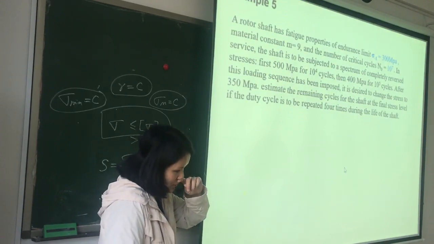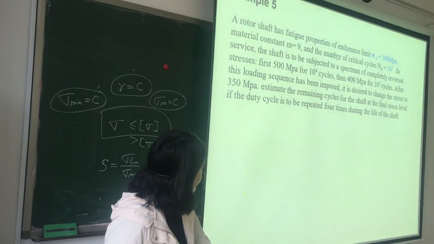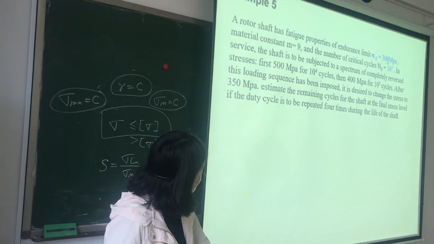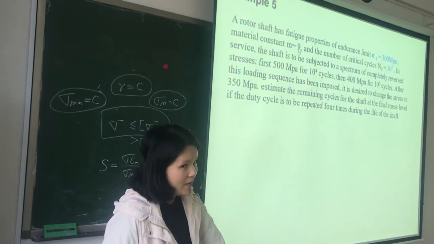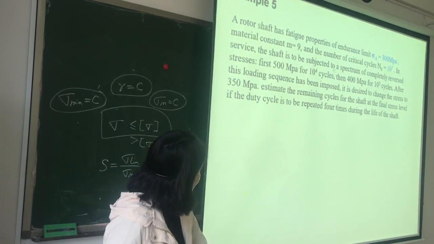Have an example. A shaft has material properties of endurance limit sigma minus 1 is 300 megapascal, the material constant m is 9, and the number of critical cycles N0 is 10 to the 7th. The shaft is to be subject to a spectrum of completely reversed stresses.